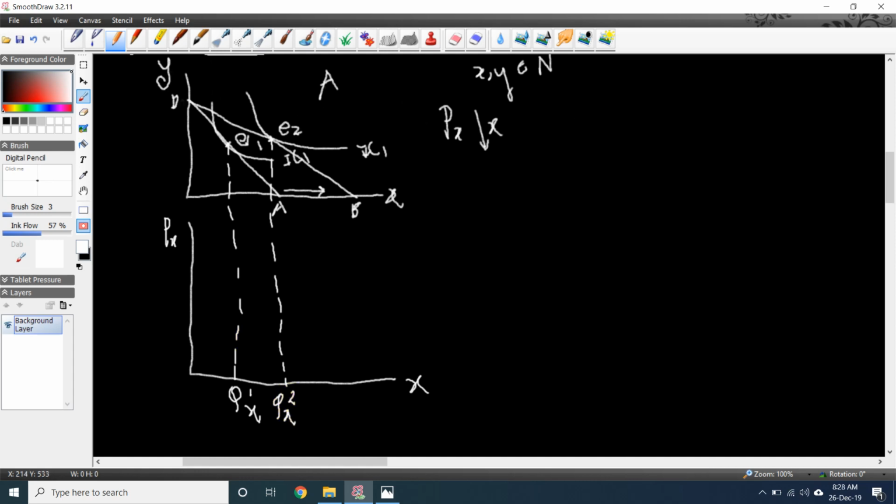Since the price has decreased from PX1 to PX2, the demand has increased from QX1 to QX2, and let's name it point B. If we join point A and point B, we get a downward sloping Marshallian demand curve for good X.